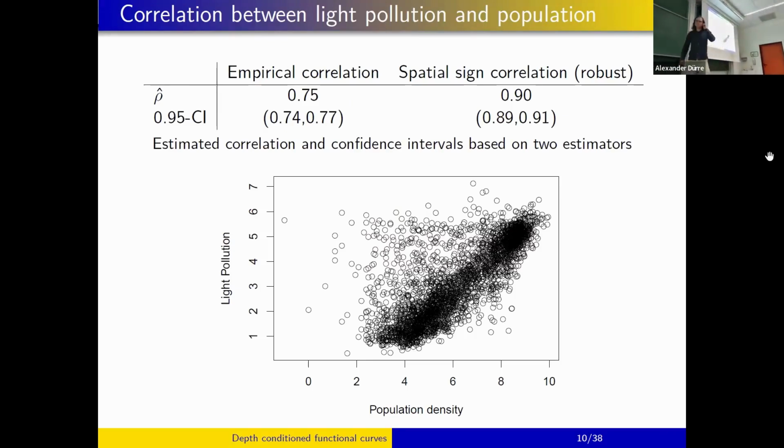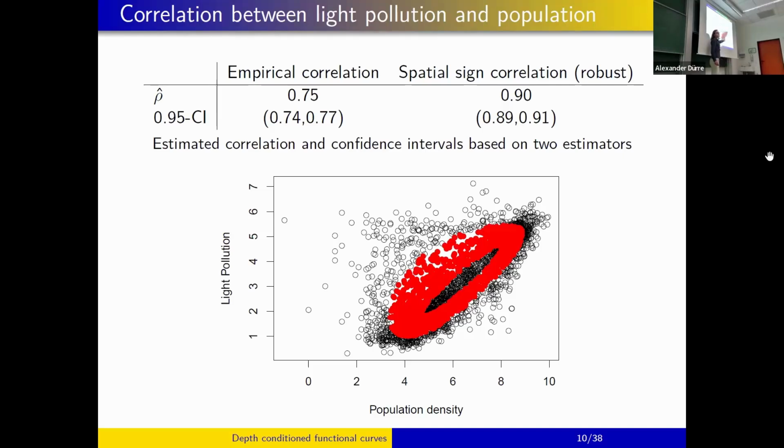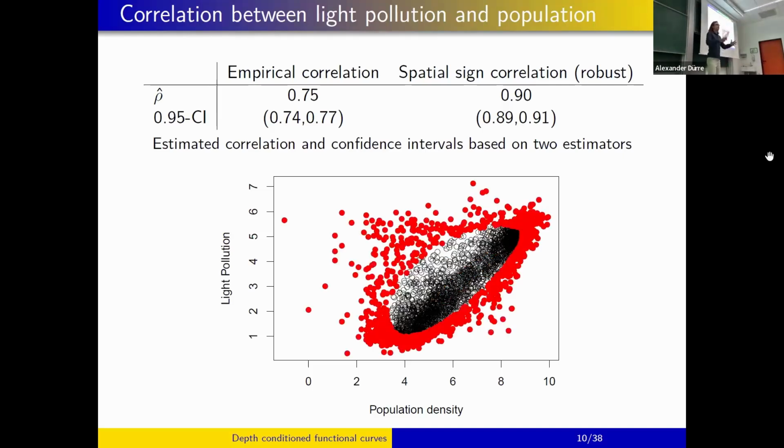So probably what's interesting here is not to have one value which measures dependence, but a lot of values which measure dependence. You want to measure the dependence of the central points and of the middle points, and probably also at the extreme points. And that's the idea of the talk.